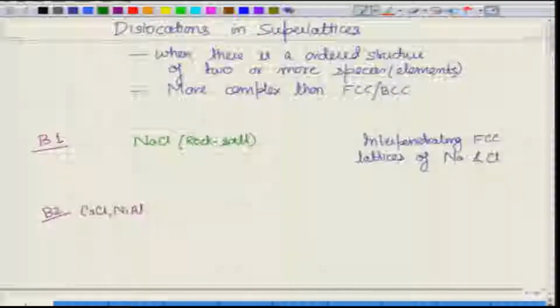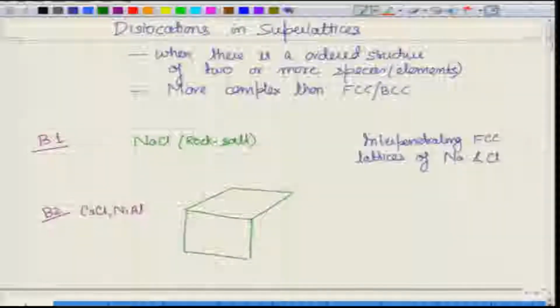So, this structure looks like this. You can see in this type of system there is a 1:1 ratio between the two species. So, when you make a structure, you always keep in mind that the ratio between the two atoms must be maintained as 1:1.